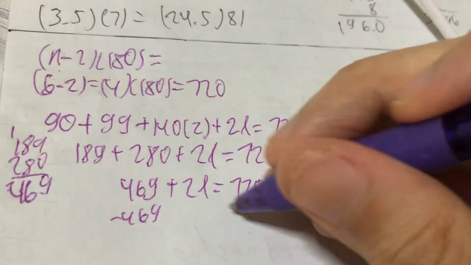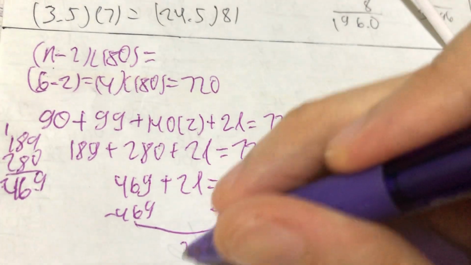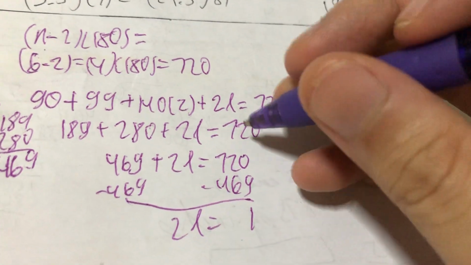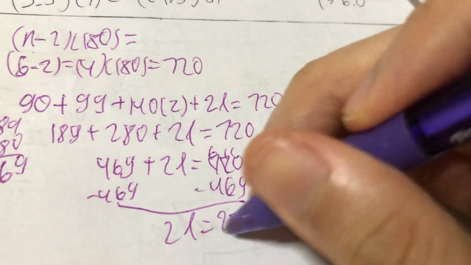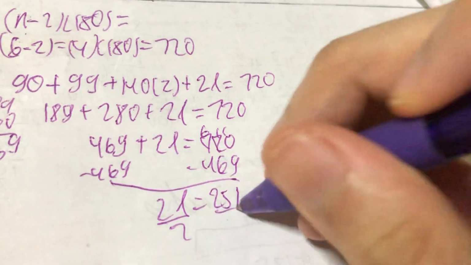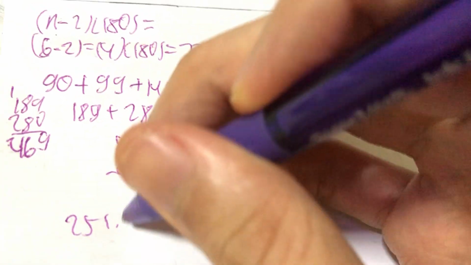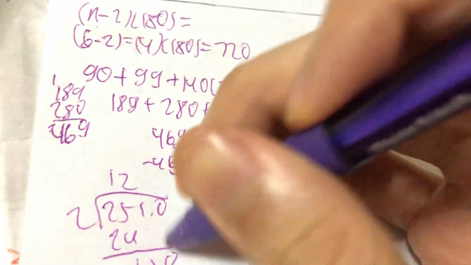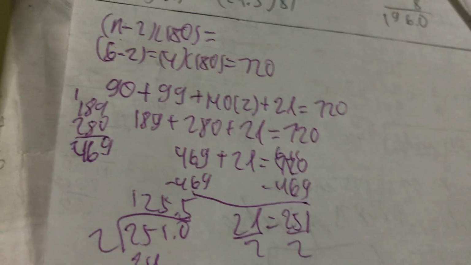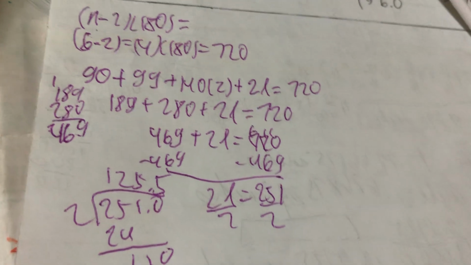Subtracting both sides by 469, you should get 2L is equivalent to 251. Divide both sides by 2. So you have 251 divided by 2. Yes, so the answer is 125.5 degrees.